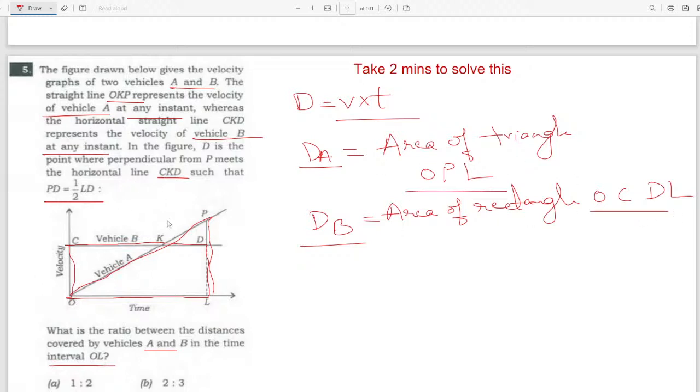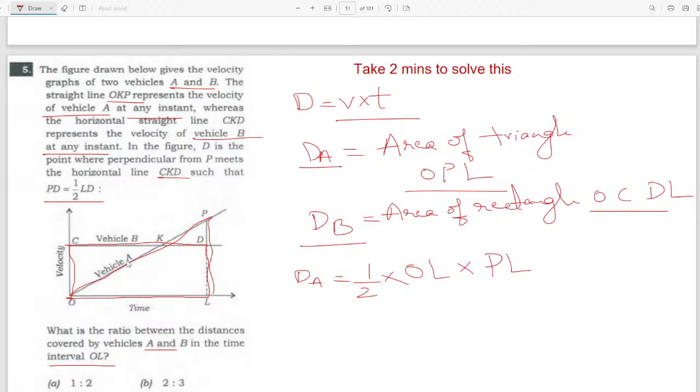Now this becomes a geometry question. The distance covered by vehicle A, DA, is the area of triangle OPL.